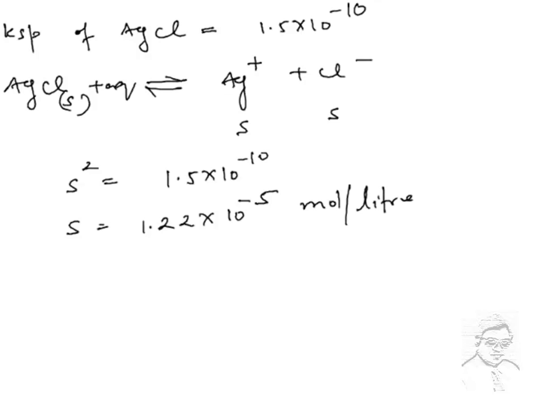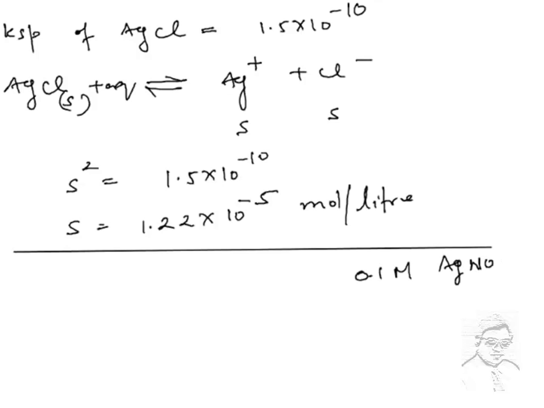Now let me introduce some common ion. Suppose now we don't have just pure water, but we have 0.1 molar silver nitrate. While a lot of silver source you will see in this discussion of solubility product, there is no problem with silver nitrate. Silver nitrate is single arrow.